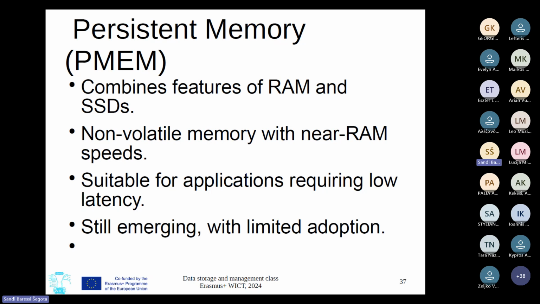If I'm reading a standard novel, it's going to take me maybe 2 hours to read 100 pages. So that's the difference in speed. In this example, PMM or RAM would be essentially a comic book. It's much faster at getting me information than an SSD, which is a novel, and an HDD would be like an old scroll that I need to read through to get information off of.